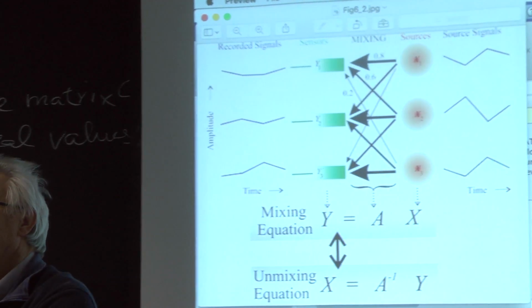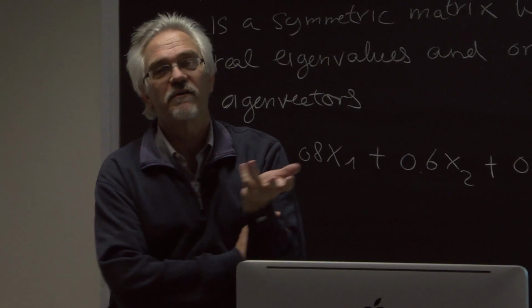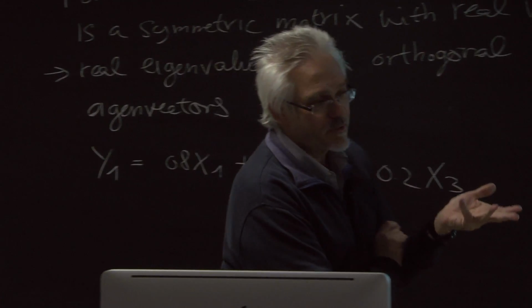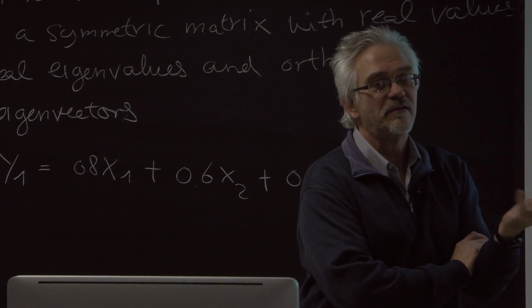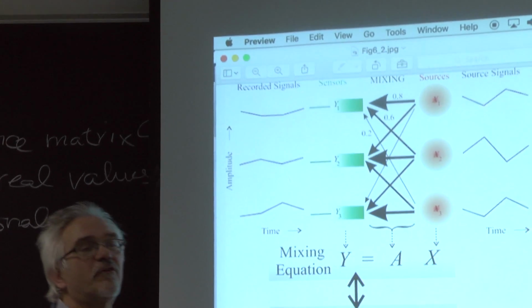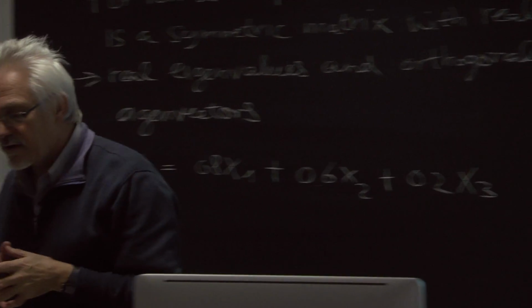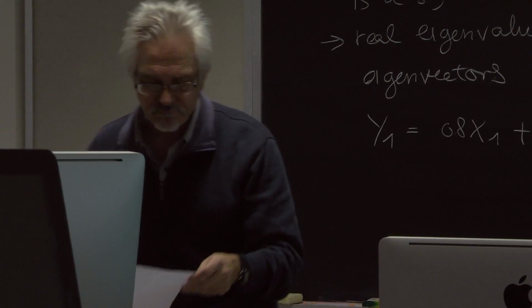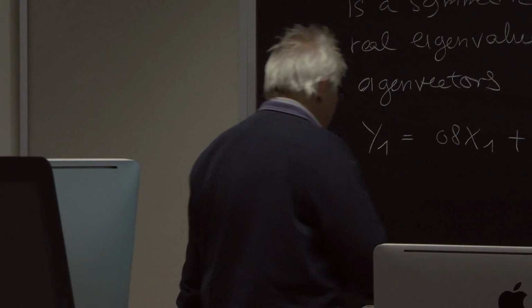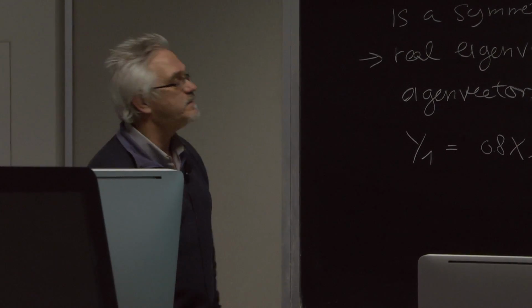And usually, certainly if you record an EEG from a whole brain, you can be darn sure that you will have more sources than electrodes. And so the idea that you have 3 sources and 3 electrodes is something that doesn't always work that well. In that case, you have to do something to deal with this.